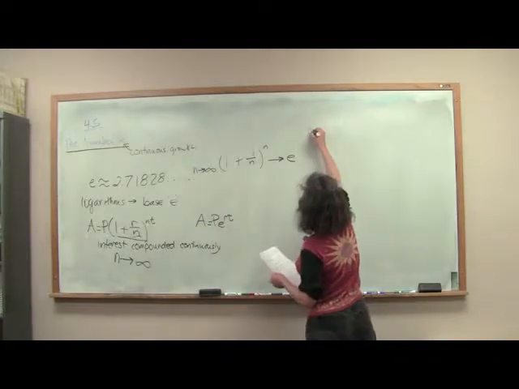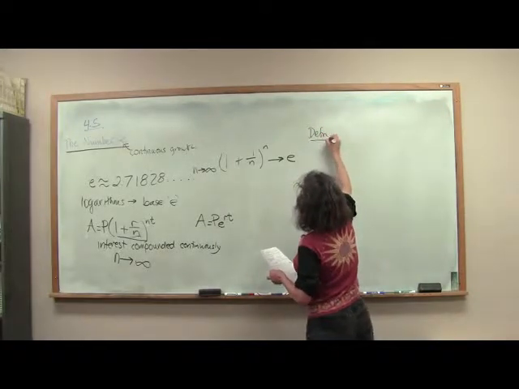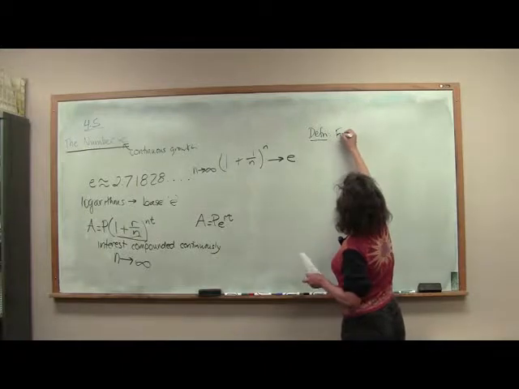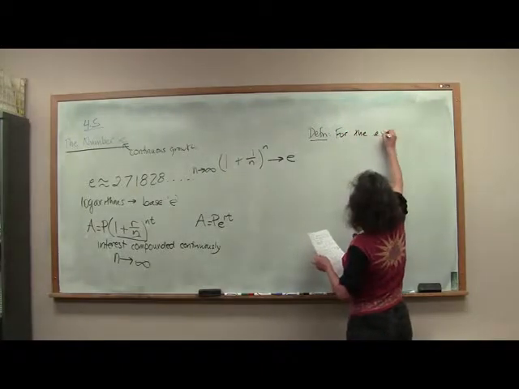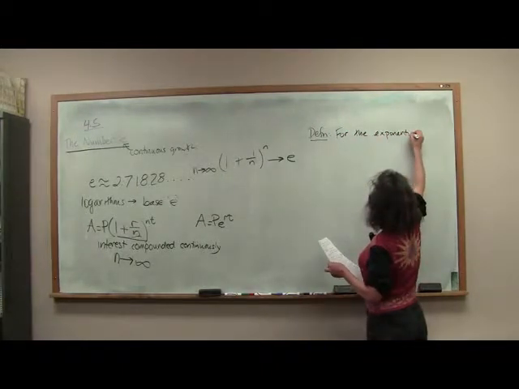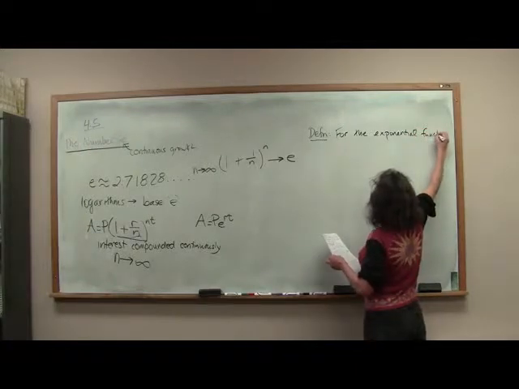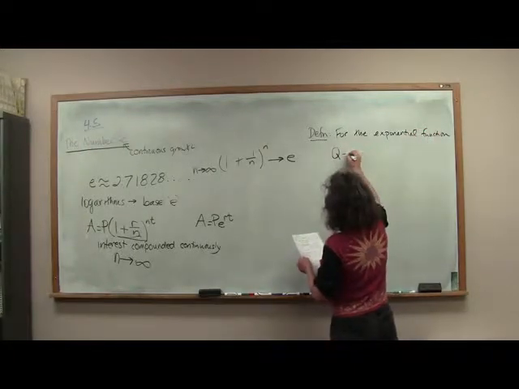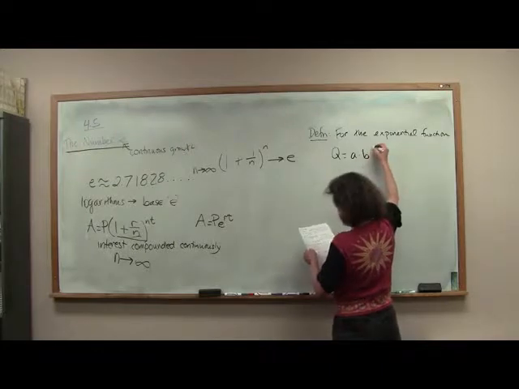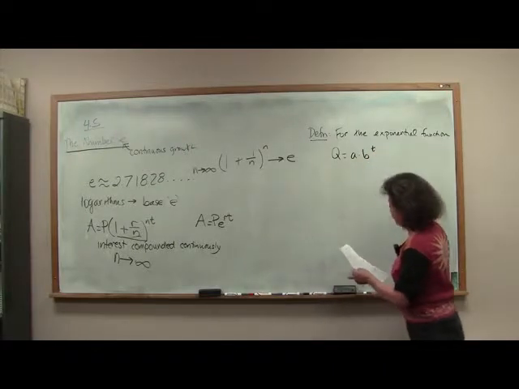So let me give you the definition here. A definition we have is for the exponential function, and we wrote it as Q is A times B to the T power.